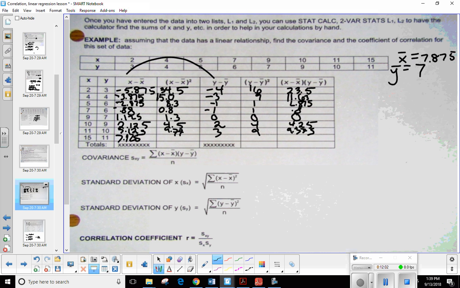Squared. 58.77. Mm-hmm. They have 11 minus 7.74. And then we multiply the difference, the 2 differences we have. Yep, so multiply those two, right? The 7.125 by 4. Oh, my bad.